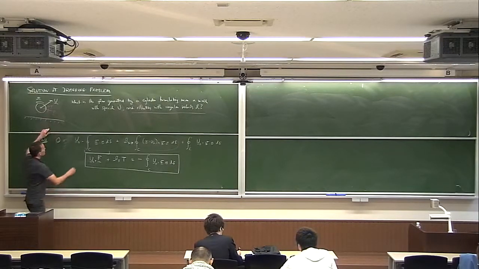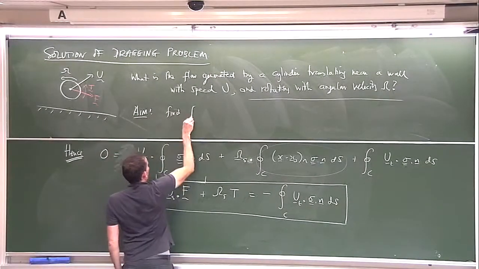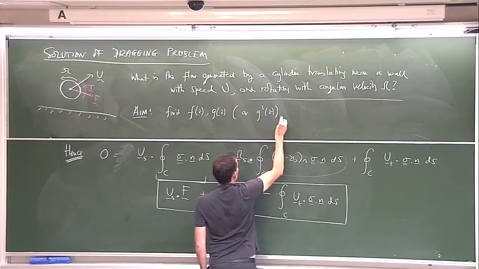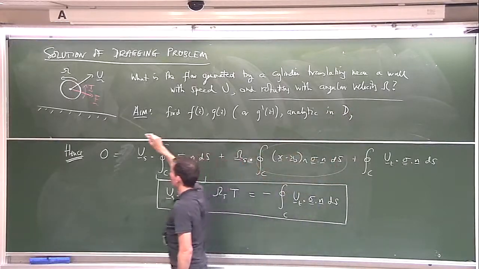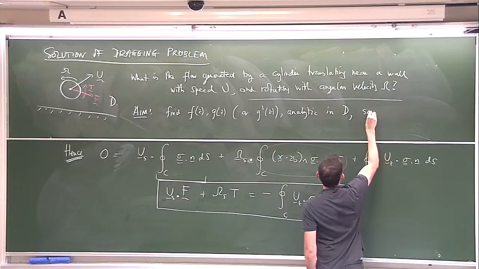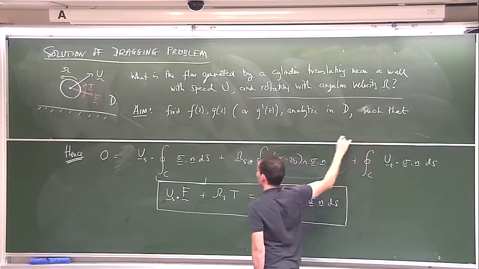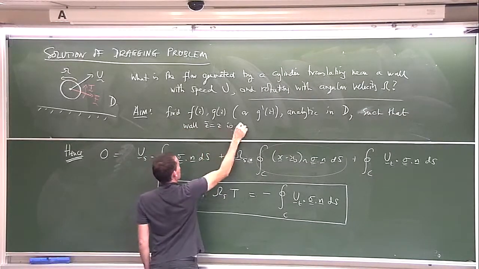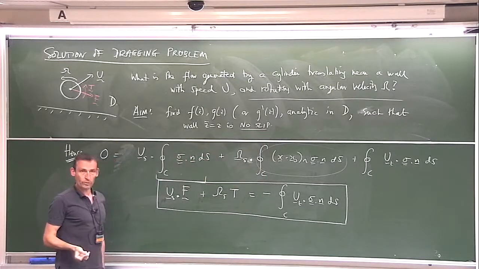So we need to find, aim, find f of z and g of z, or g prime of z, analytic in D, such that the wall is no slip.